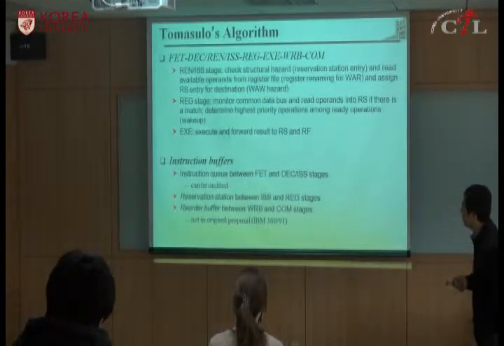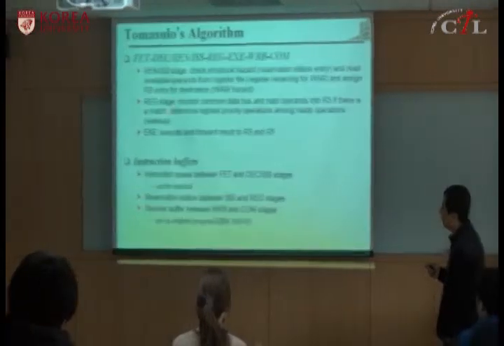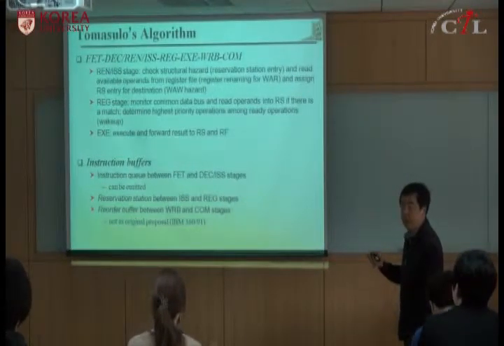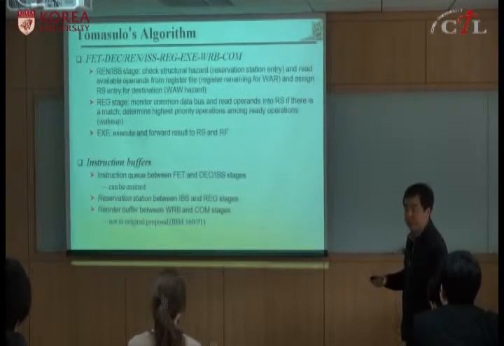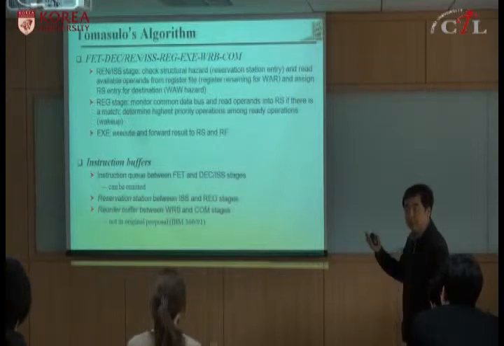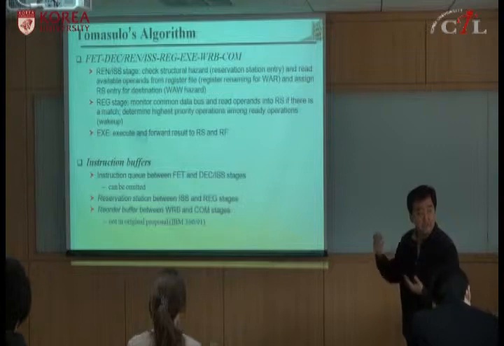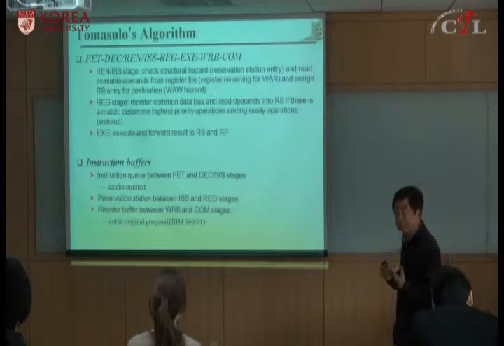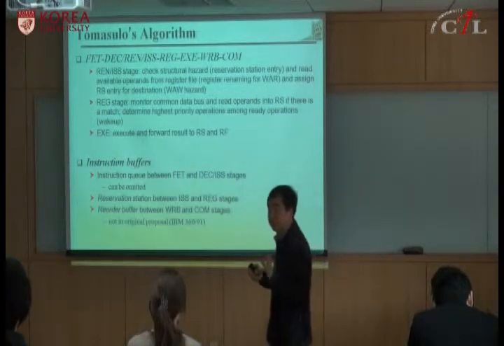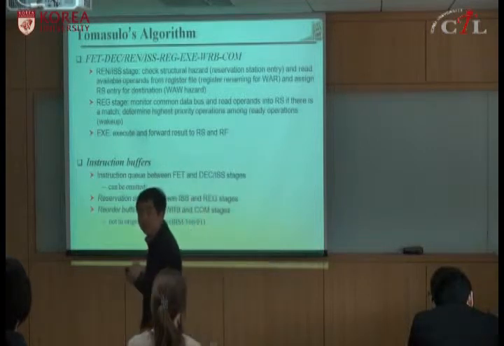In the read stage, instructions wait in the reservation station until the data is available on the data bus, and then they can match and bypass. After that, they are ready to execute if both source operands are available.